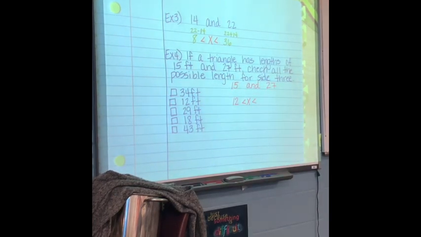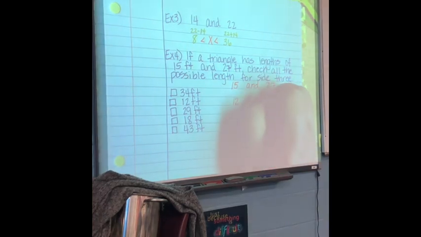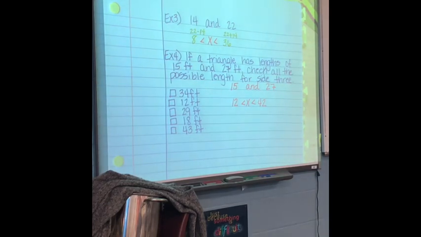And then I need to find the sum. So 27 plus 15 would be 42. So if I now know that my side lengths are going to be between 12 and 42, I can look at my options and see which ones work for this triangle.